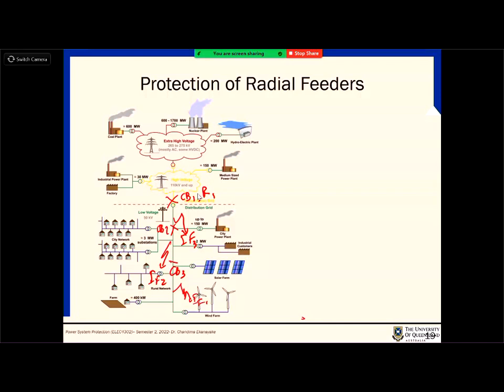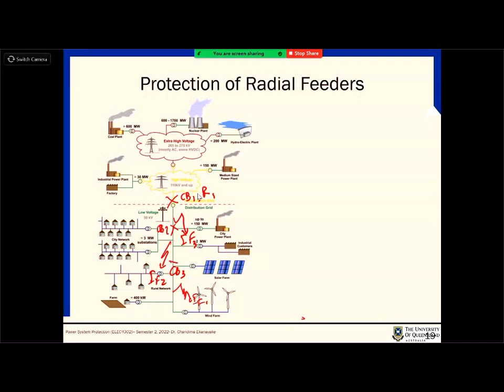You need some reliable way to have that communication, because if it is not reliable, then circuit breaker 1 could always operate, or circuit breaker 1 will never operate, right? Therefore, for the settings of these relays, the cheaper and more reliable way of doing it is to use relay characteristics.